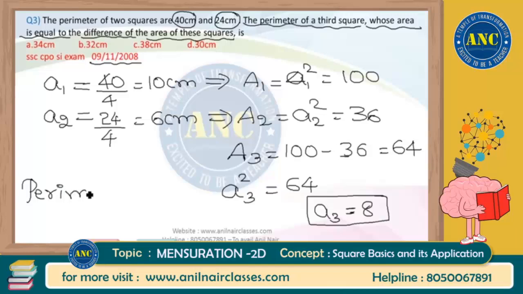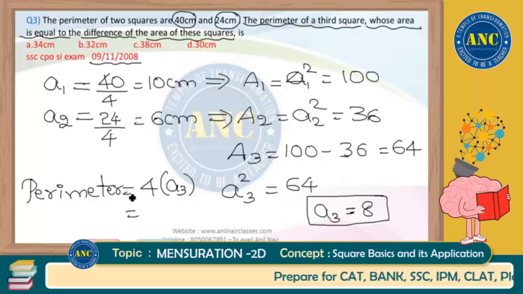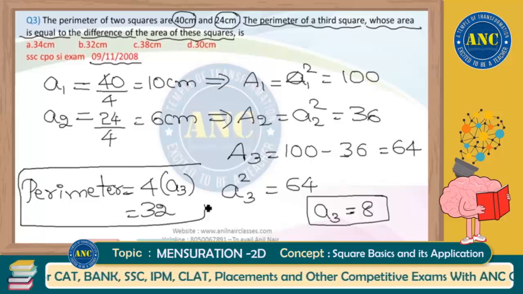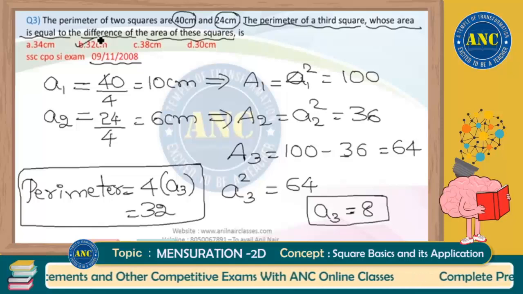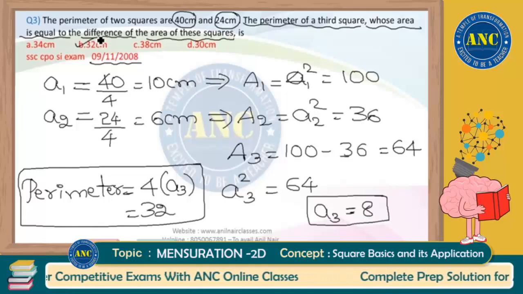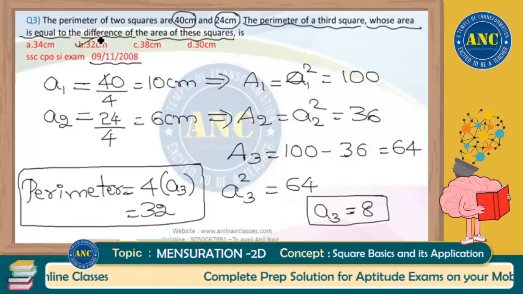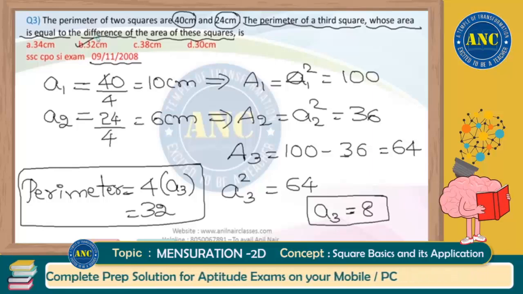The perimeter of the third square is a3 plus a3 plus a3 plus a3, or 4 times a3. It is 4 into 8, which is 32 centimeters, option B out of the given options. It is exactly similar to the question which had come in 2003. Both are absolutely the same variety of question. I hope it is very clear for you people.